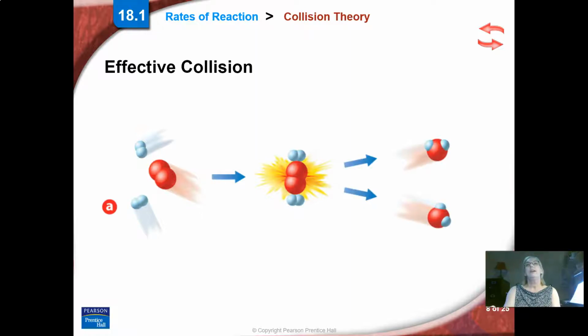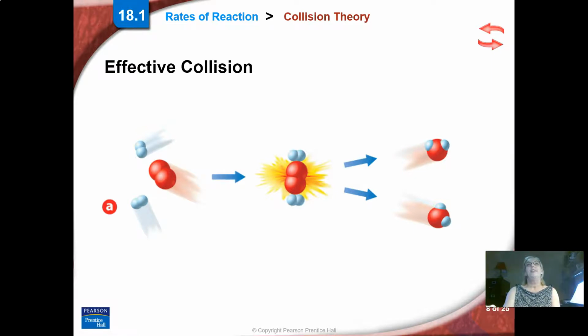This is hydrogen diatomic and oxygen diatomic. If they hit in this orientation, then they can turn into water, H2O. That's an effective collision because they're facing in the right orientation and they have enough energy when they hit to form something new.